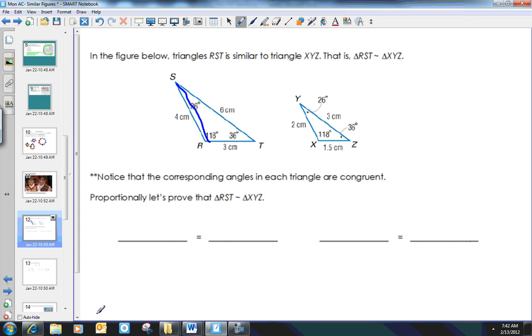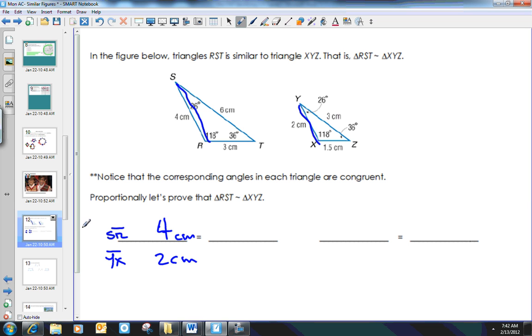Okay, SR is right there. So line SR is worth 4 centimeters. Okay, its matching on the other side is YX. And YX for the small triangle is 2 centimeters.